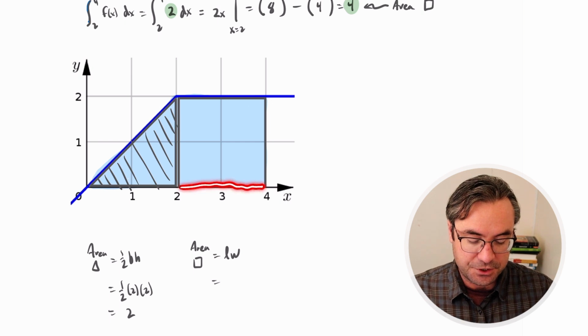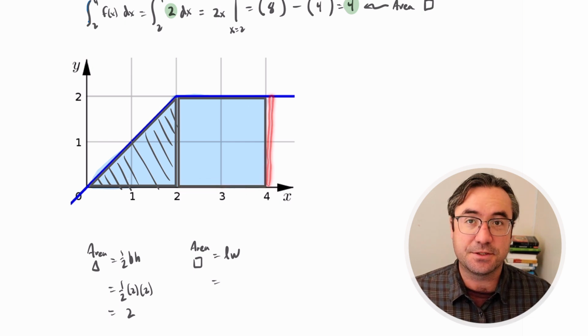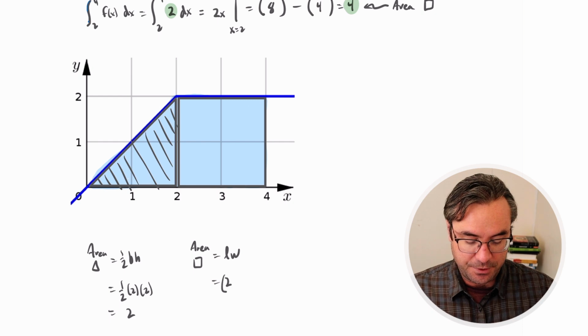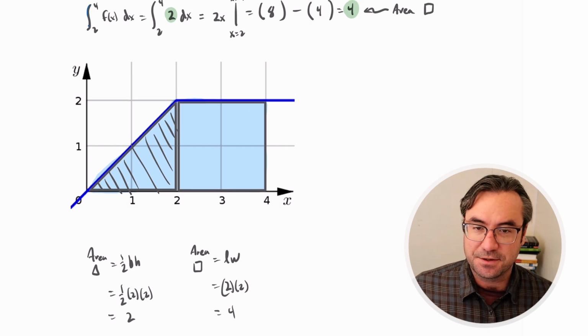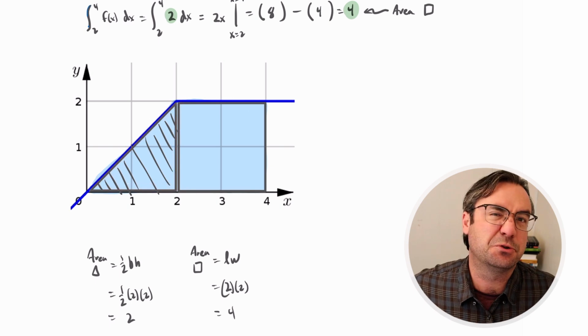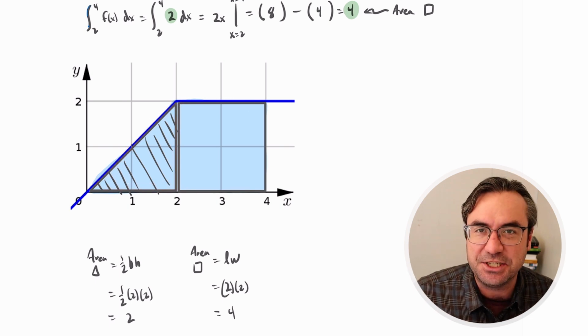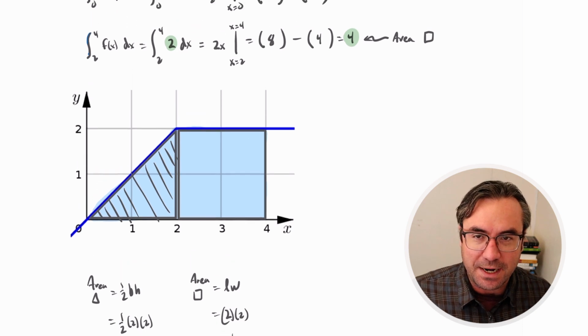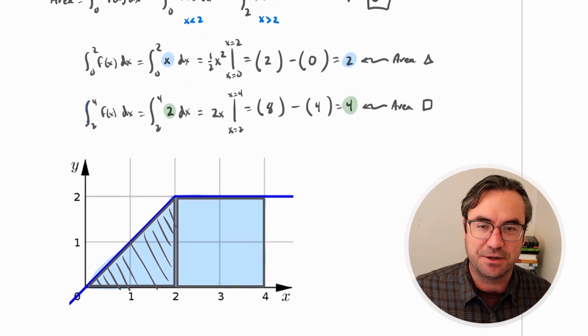And the width here is 2, and the height is also 2. So we end up with 2 times 2, which is 4. So that's kind of another way to think about this. But this is if our graph produces some kind of recognizable, easy geometric shape. Otherwise, we're using this integration.